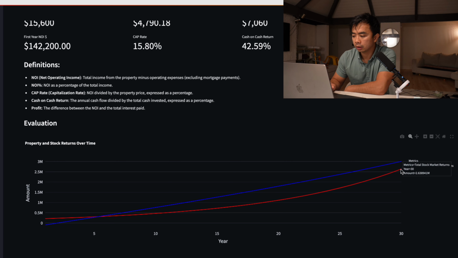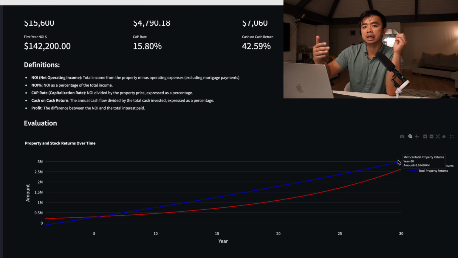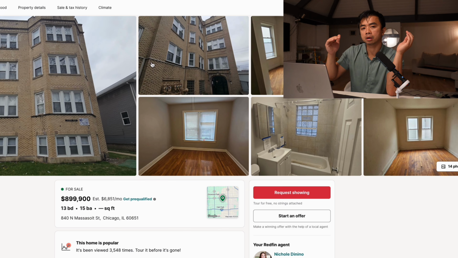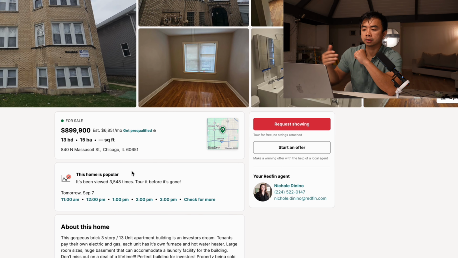So after 30 years, it actually is worth $3 million in profit versus $2.6 million in the stock market. And this is not even adding in the fact that you'll be gaining equity on the property. In 30 years, this property will be paid, and let's say it'll be worth $1.5 million. So this metric, this blue line, actually way underestimates the value of the returns of this property.